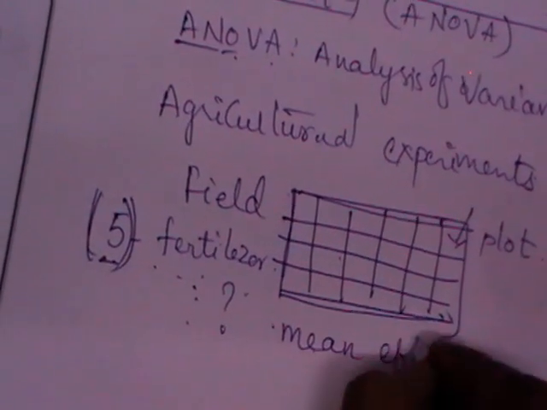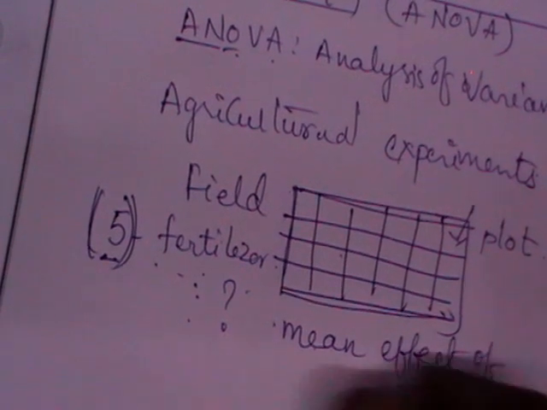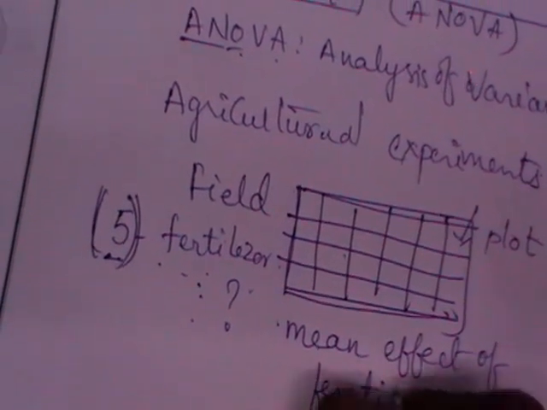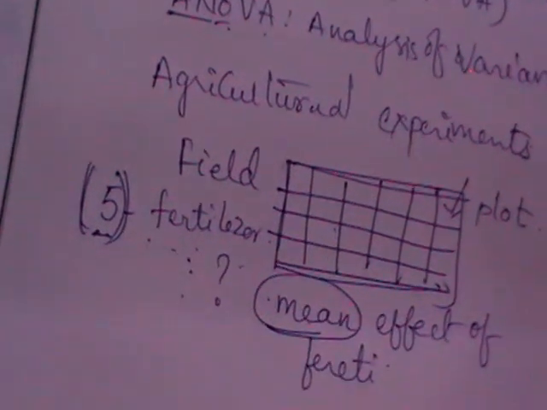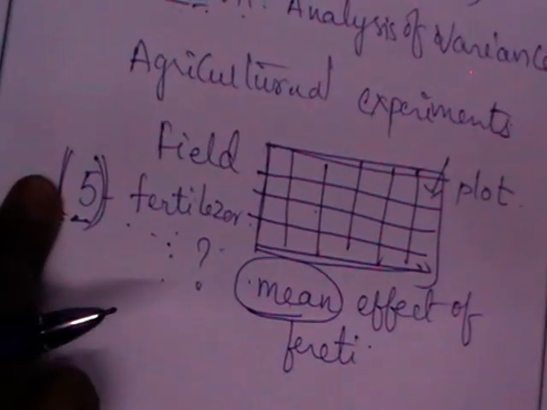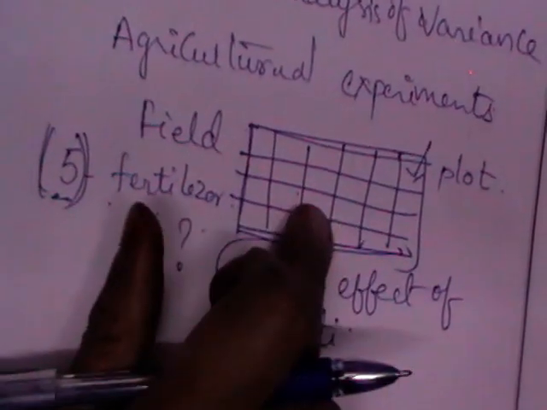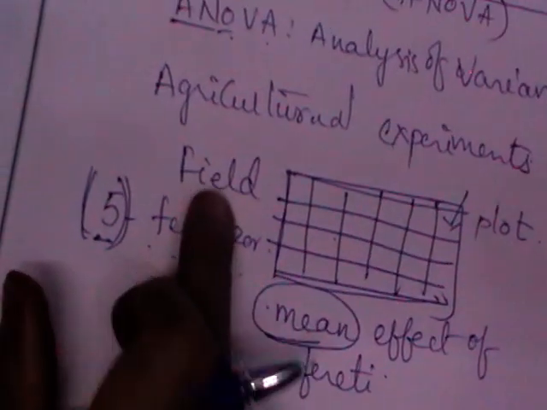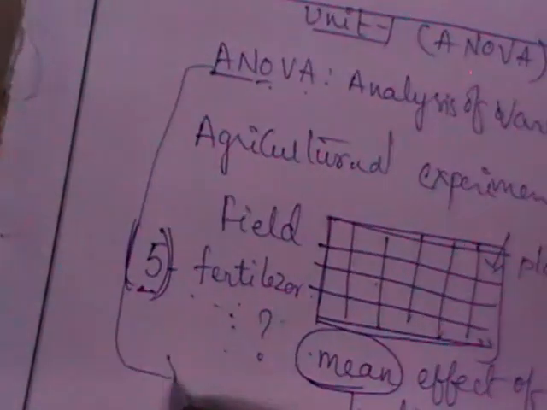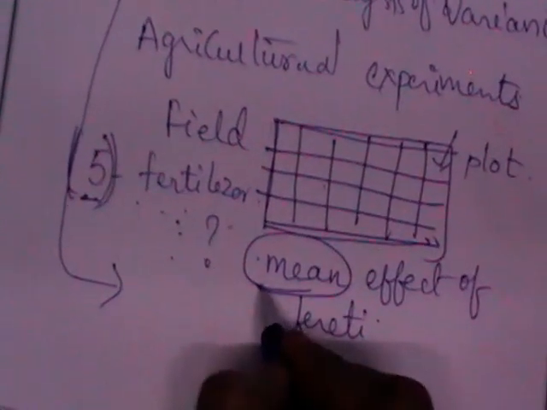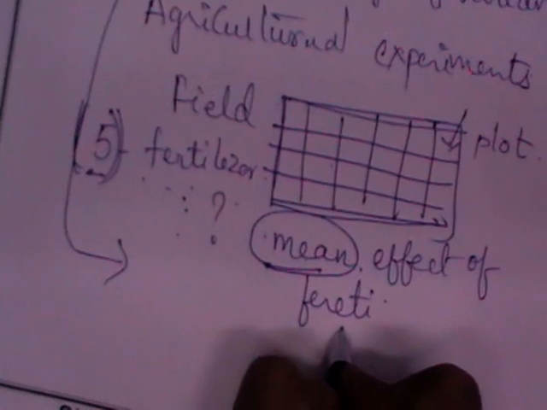So you need to check the mean effect of each of these fertilizers. You should check the mean or average effect of each of these fertilizers on the plots or the field, and at the end, the procedure by which we test the mean effects of these fertilizers is called analysis of variance.